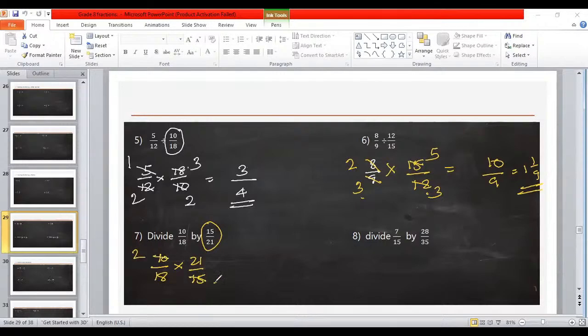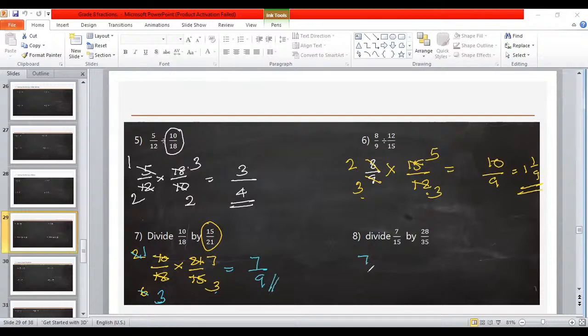How many 5's here? 3. How many 3's here? 7. How many 3's here? 6. Any more simplify? Yes. We can cancel out this one and this one also. How many 2's? 1. How many 2's are here? 3. What is the answer? 1 times 7, 7 over 3 times 3, 9.